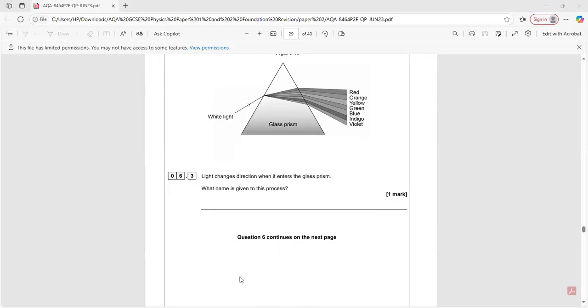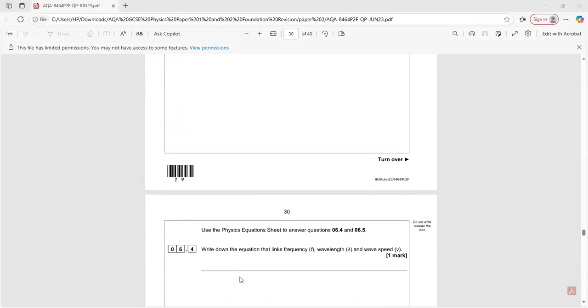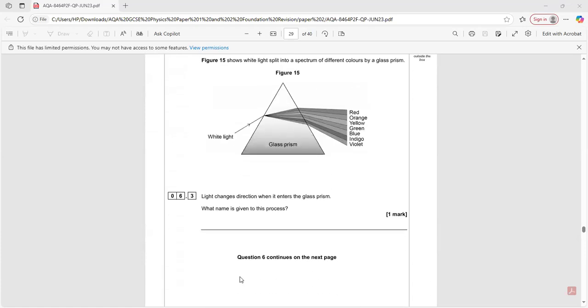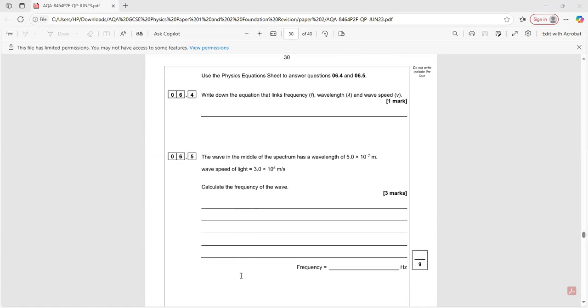Refraction. Correct. That's the splitting of white light. Okay, it says use the physics equation sheet to answer questions 6.4 and 6.5.